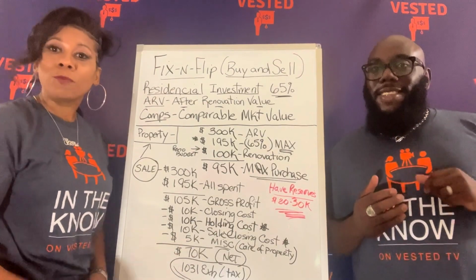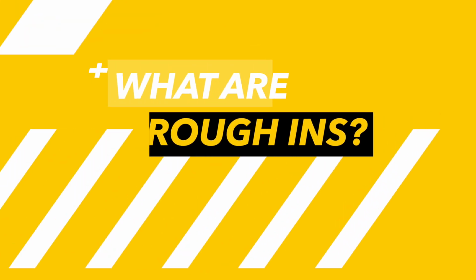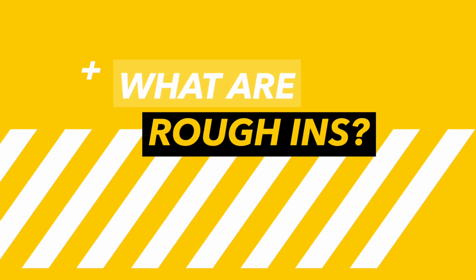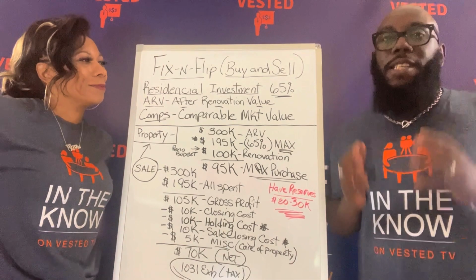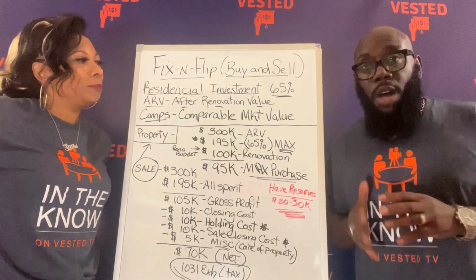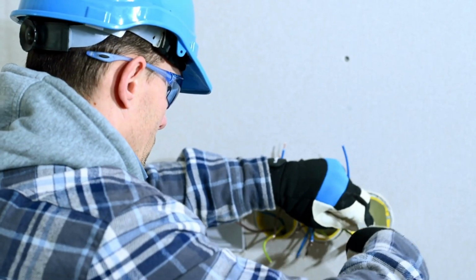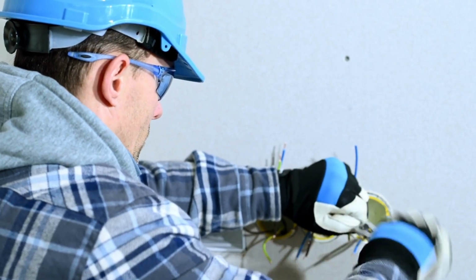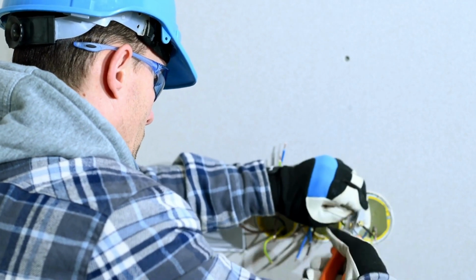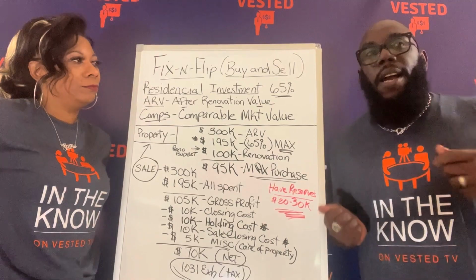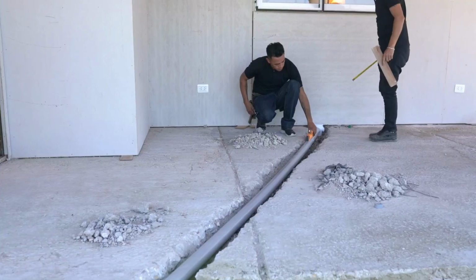What the heck is a rough? For those who don't know that much about construction, a rough is when the electrician runs the wire. Just the wires only, no switches, no lights, no fixtures, no outlets. Just the wire where it needs to go. Same thing with plumbing.